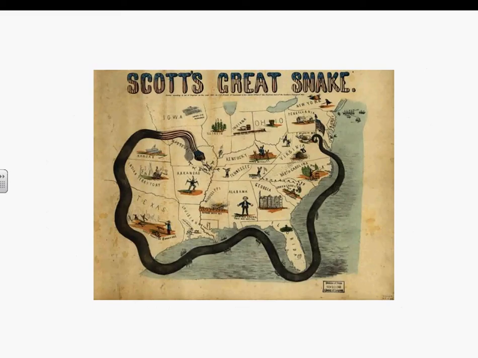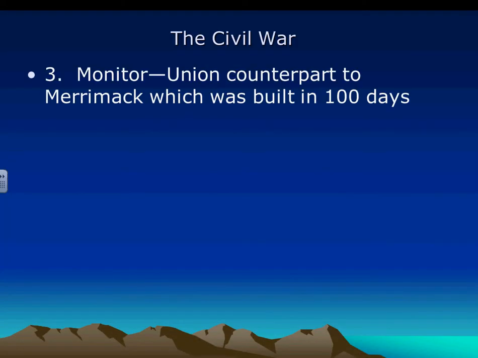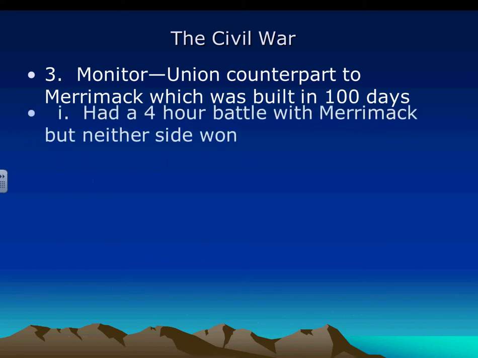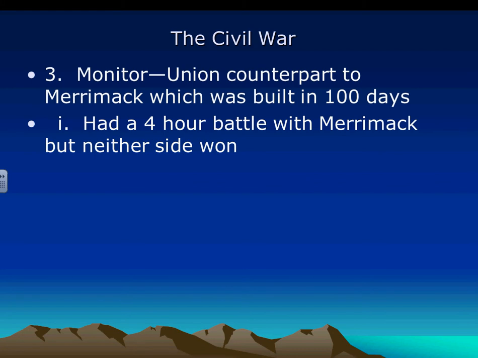It threatened to disrupt the blockade, but the Monitor will face it, and they will face off and pound on each other. And after a 4-hour battle, the Merrimack goes back to port.